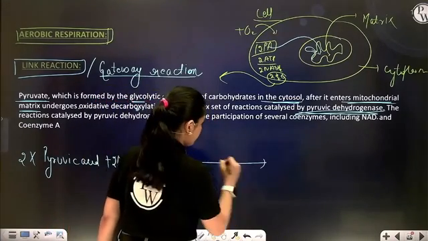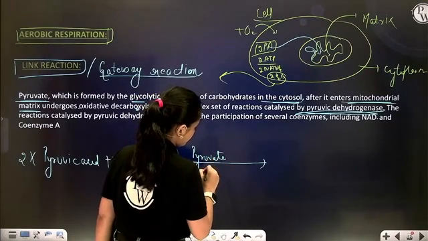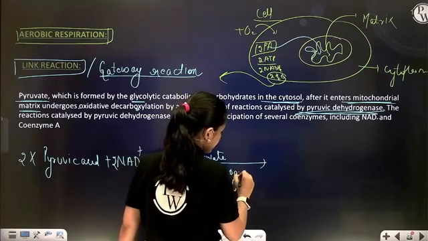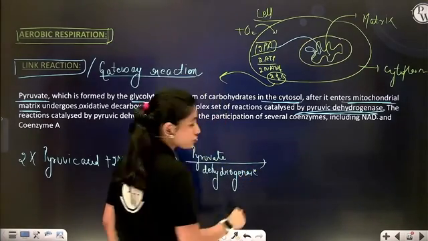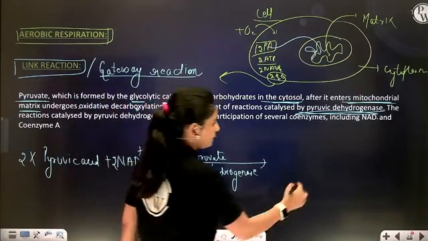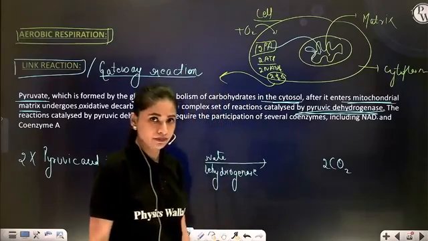Now the enzyme is pyruvate dehydrogenase. Clear? Now in the presence of this enzyme, 3 activities are going to take place. First, there will be removal of CO2. 2 molecules of CO2 will be removed.